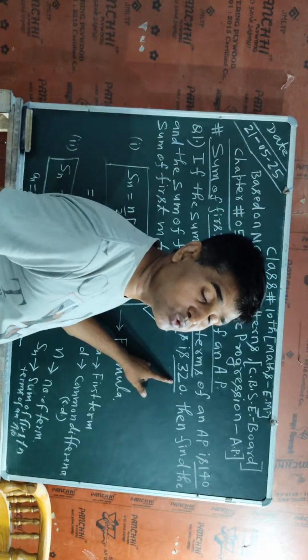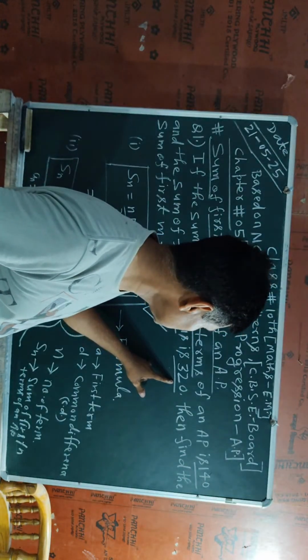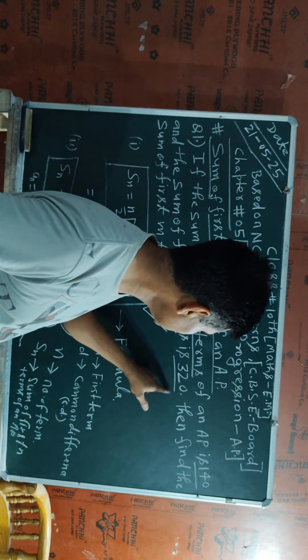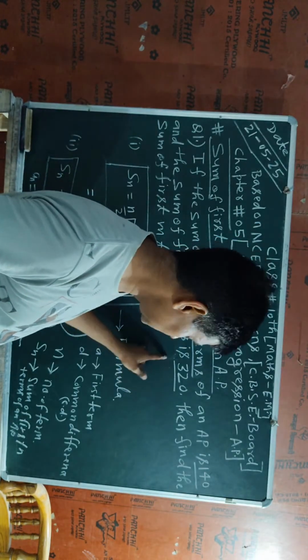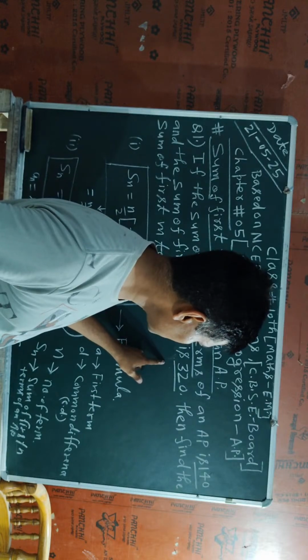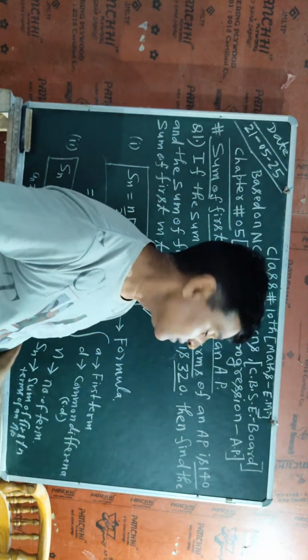These two statements are given, and I will change their meaning into mathematical form, and then I will solve. After solving, I will get the nth term of that AP series.